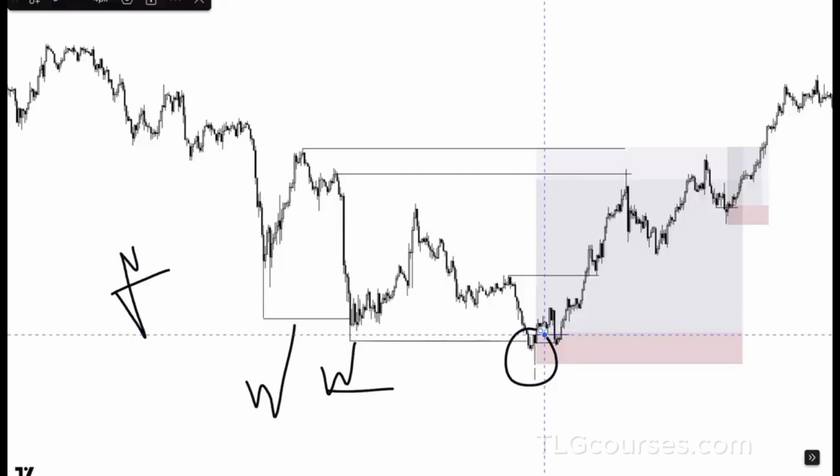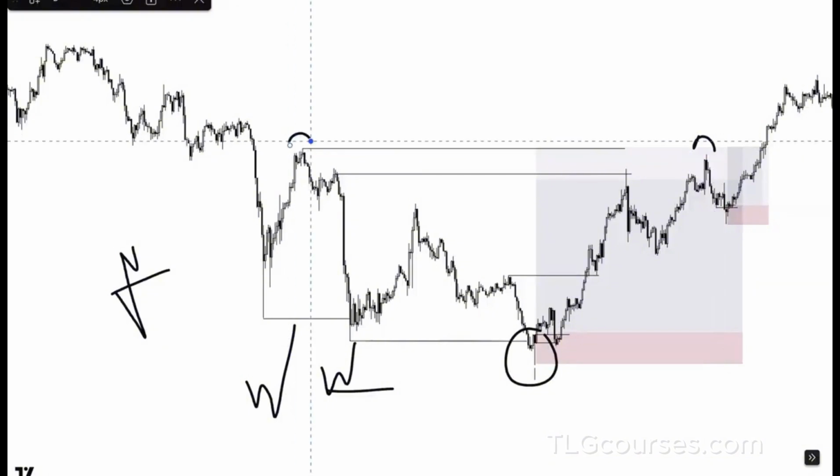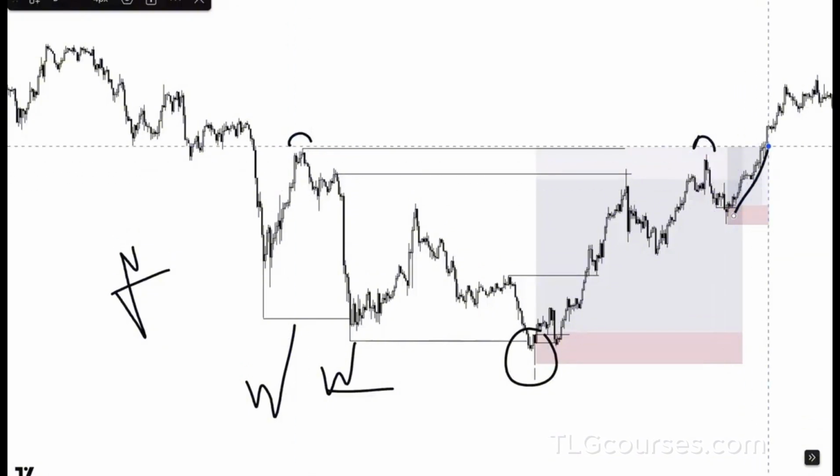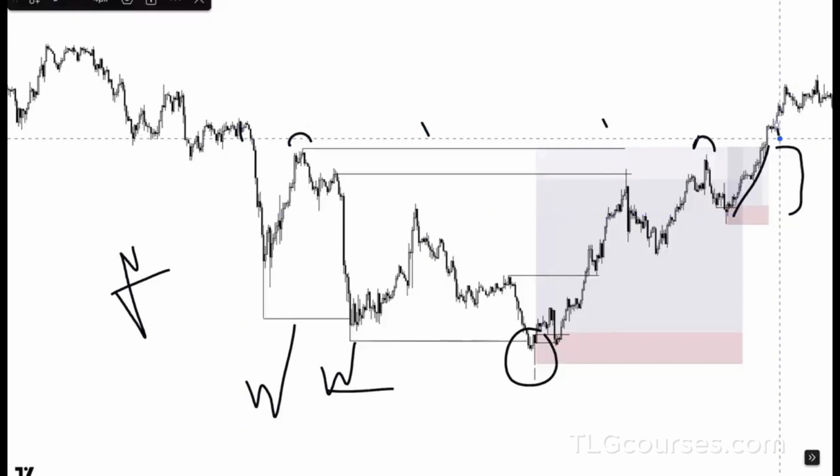And then you have the fastest entry, which is the kiss of death turtle soup, the final turtle soup before hitting the final target. The last turtle soup before hitting the final target usually happens in the upper 25% of the range. This is candle 1 over here, candle 2, and candle 3, right?